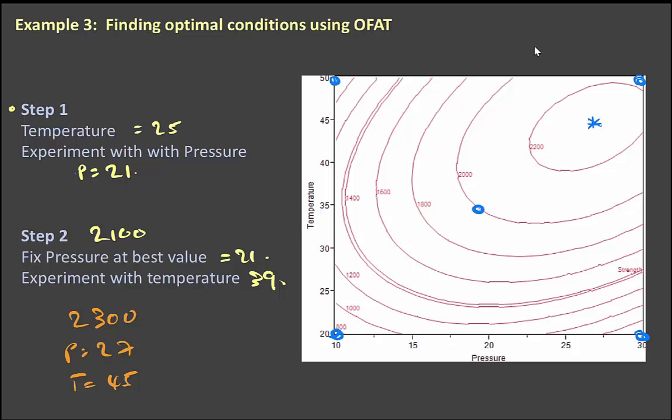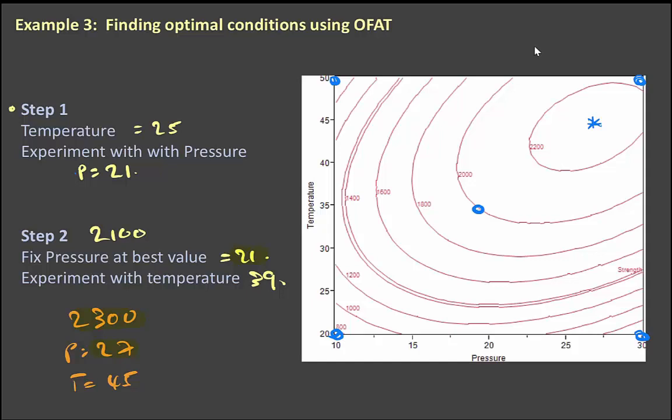First of all, we have failed in terms of finding the maximum condition, but also we identified a pressure of 21 to find the optimal condition, whereas here we're saying that actually the pressure is more like 27. So one factor at a time has missed the optimal location and the parameters required to achieve that optimal condition.